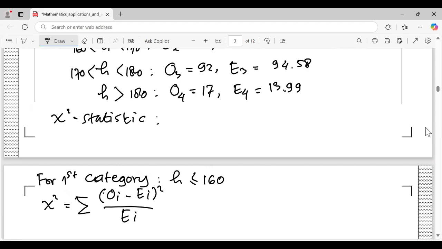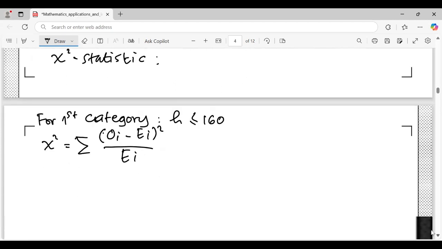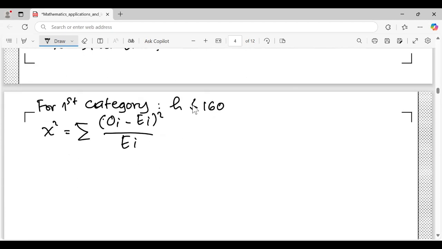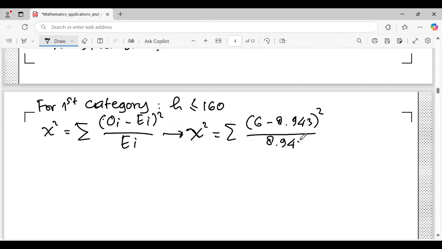So chi-squared equals (6 minus 8.943) squared divided by 8.943.